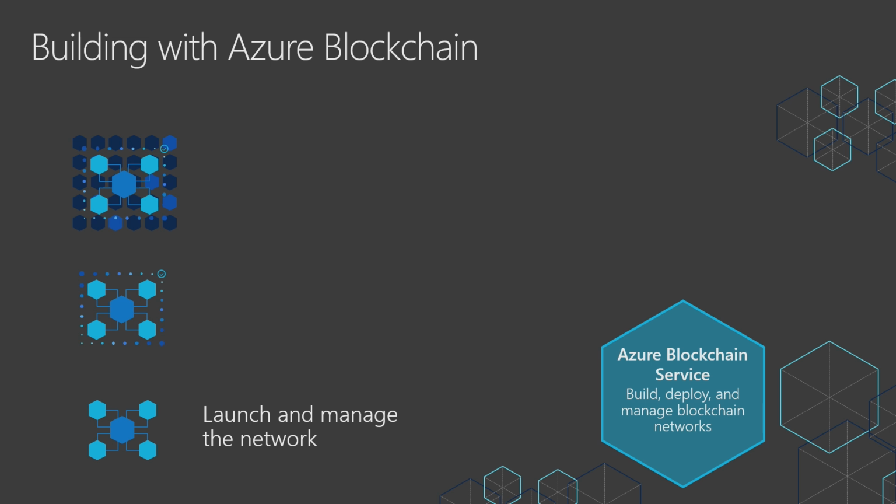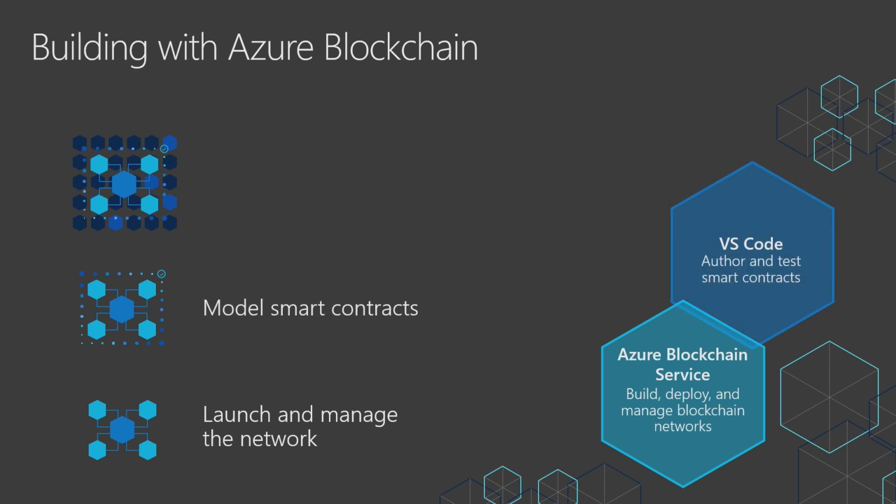Once you have that solid foundation, and Jason's going to talk a little bit about the specifics of that service today, you can use new extensions for Visual Studio Code to author and test smart contracts, creating and compiling Solidity smart contracts, for example, deploying them either to a Consortium network in Azure Blockchain Service, to public Ethereum, or locally using tools like Truffle, Ganache.